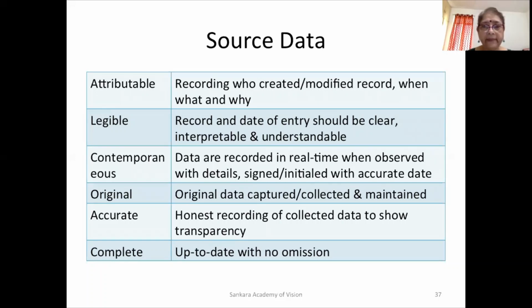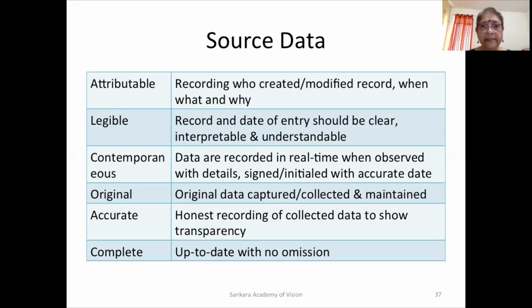Legibility is very important. Doctors are famous for illegible handwriting, but here you have to be very, very careful because 3 can become 8, 8 can become 3. So that has to be looked into very carefully. As I told you, dates are very important. Also you have to see that there is no overwriting.